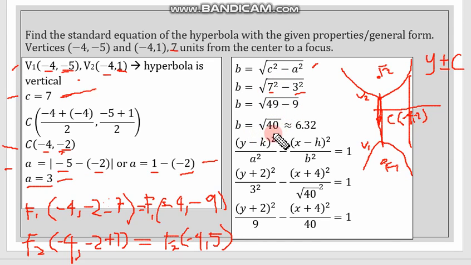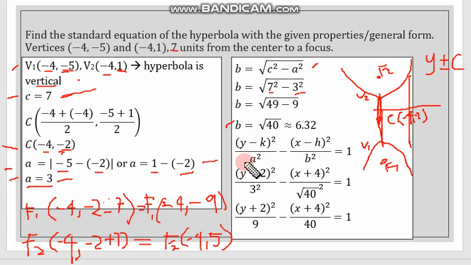So b is the square root of 40, which is approximately 6.32. So we have b and a, and we know the orientation of our hyperbola, so we can get the standard equation.